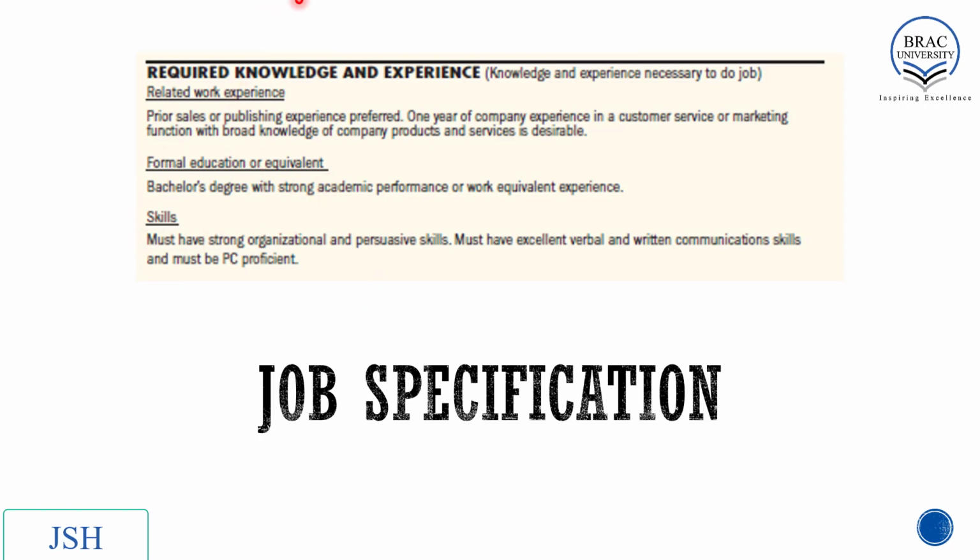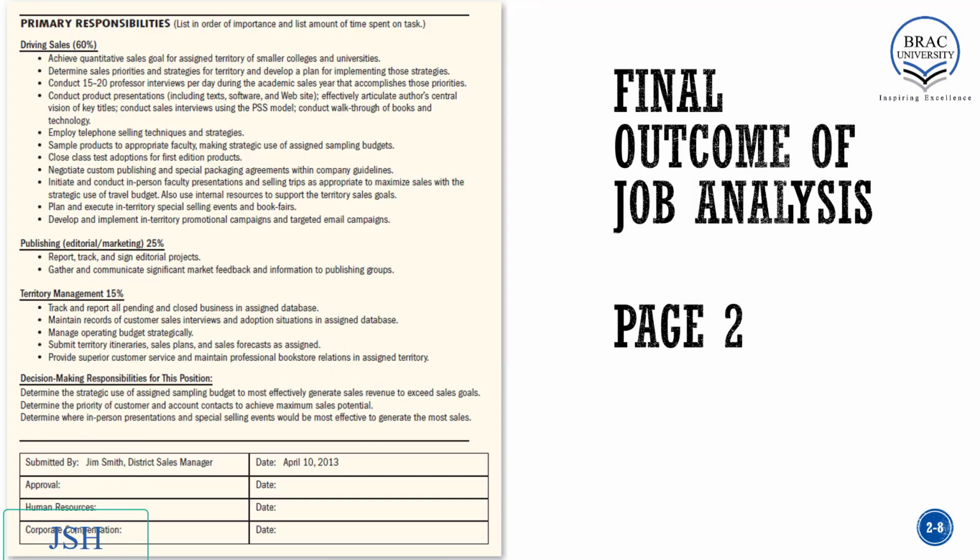So all of these explain the person, and that is why this is part of job specification. Now in page 2, we have the main part of job description, which is the responsibilities and duties. So primary responsibilities. We will go through each of these sections in detail.